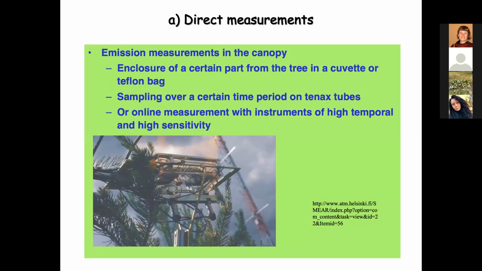So if you measure at the source, you enclose a certain part of the tree in a cuvette or a Teflon bag. You can see in this picture a part of the tree is in this cuvette here. This cuvette is normally open for a couple of minutes and then it closes, so there's no exchange with the atmosphere, and then it measures how much is coming out.